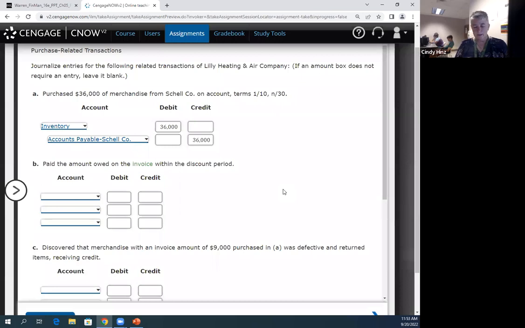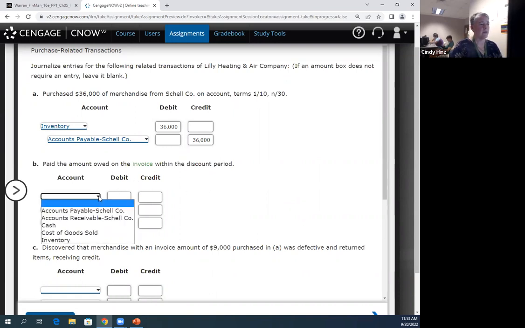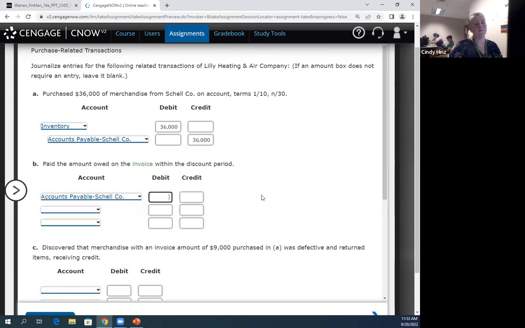So the amount we owe is $36,000, but they're giving us a 1% discount on that because we paid early. So they're giving us a $360 discount on that inventory. So when we pay them, we're going to show we no longer owe them the $36,000 because we're paying the bill, right? We're not going to owe that anymore.